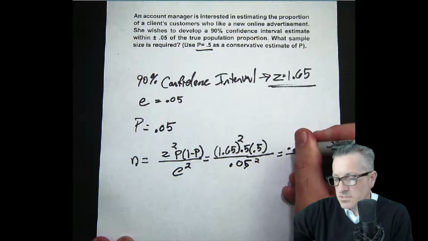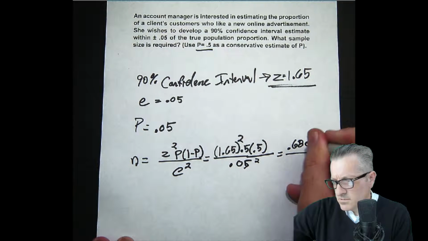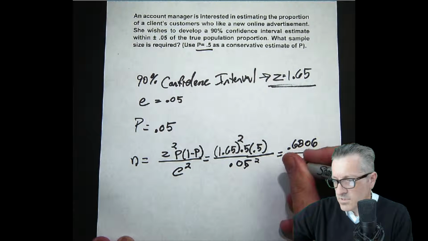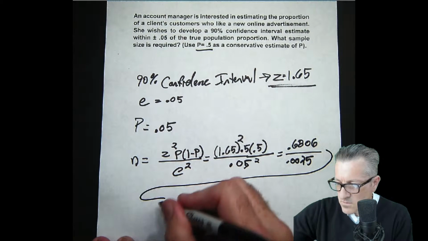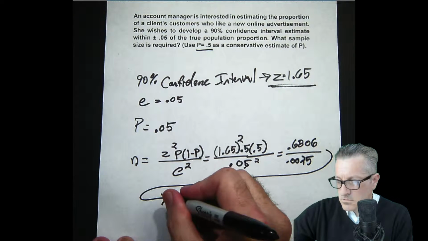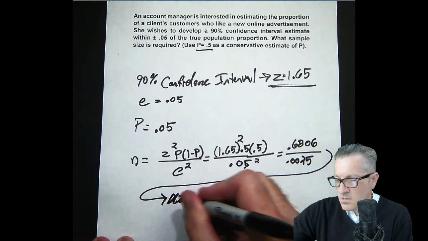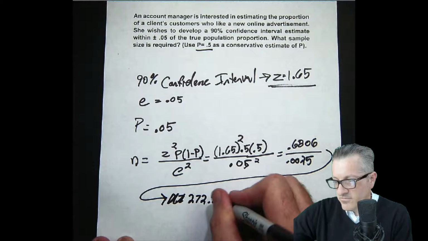The numerator ends up being about 0.68, and the denominator is 0.0025. Then we bring this around, and our result is 272.25.